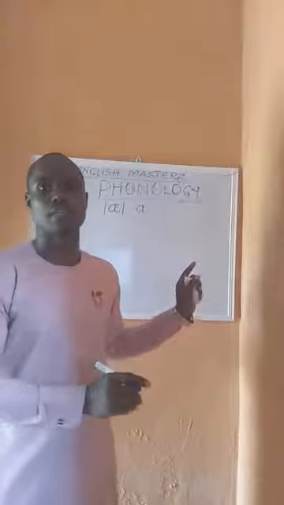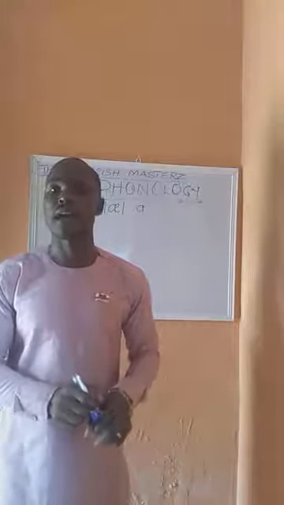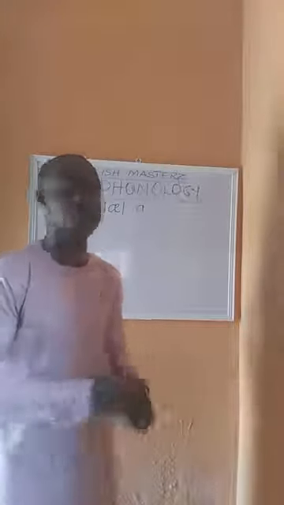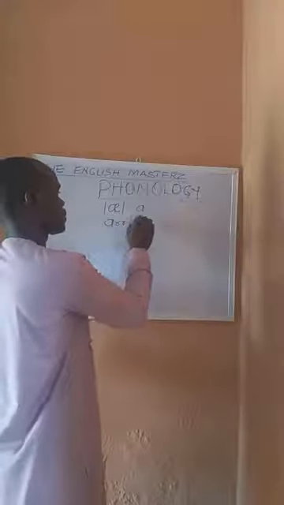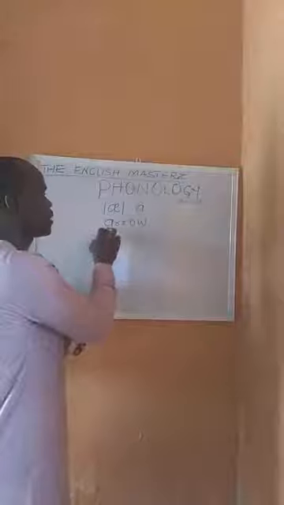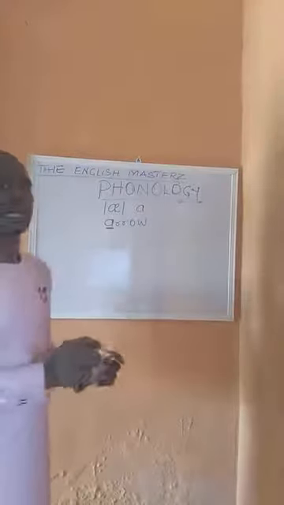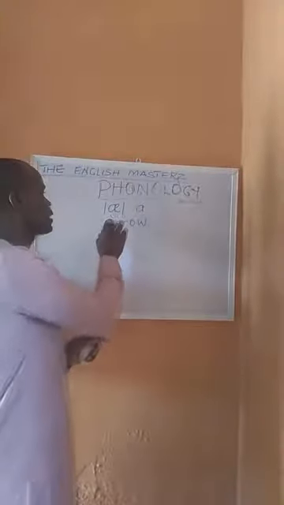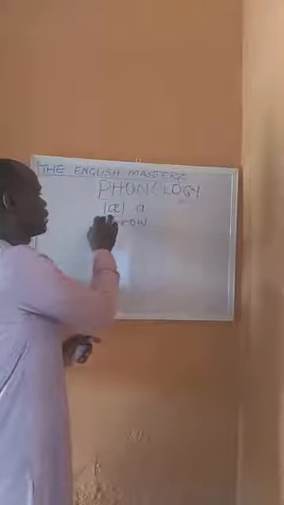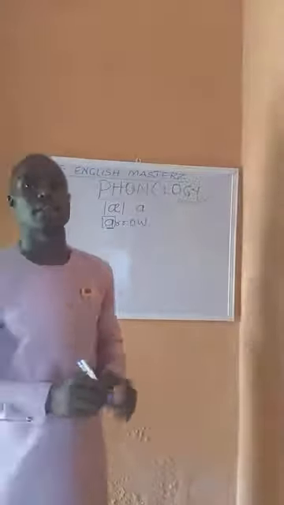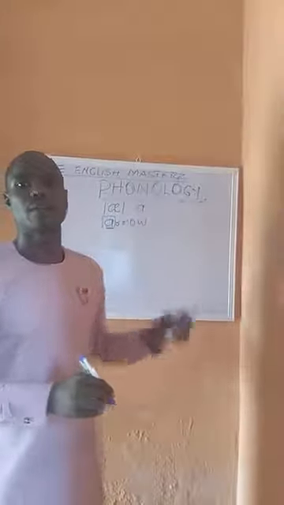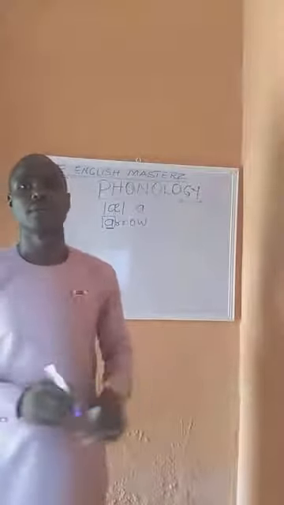First, we have A-R-R-O-W, arrow. So you have A here, and A is standing as a syllable. Take note.